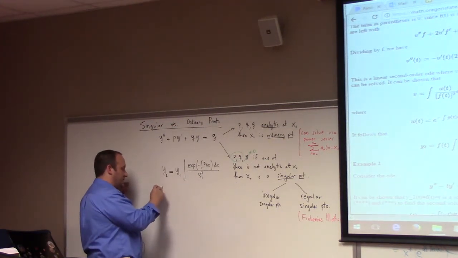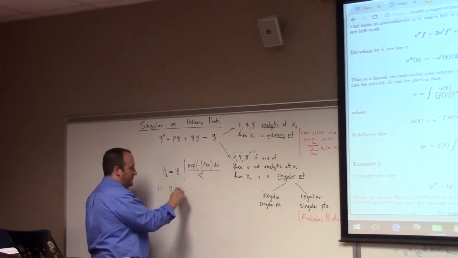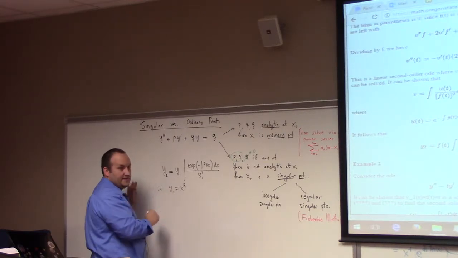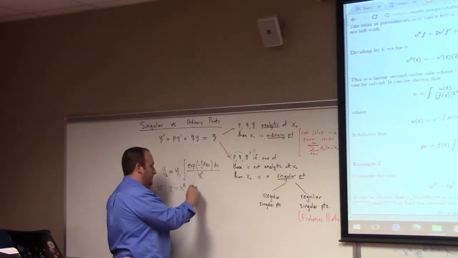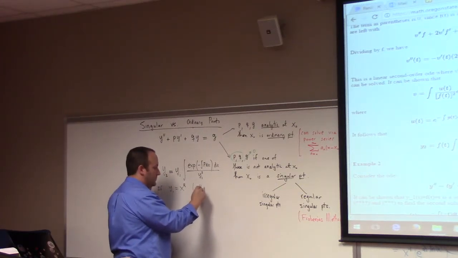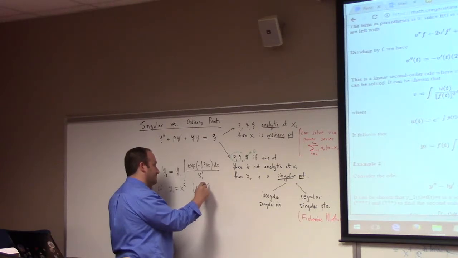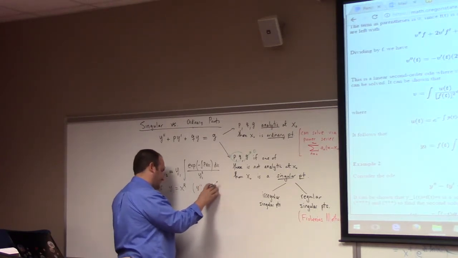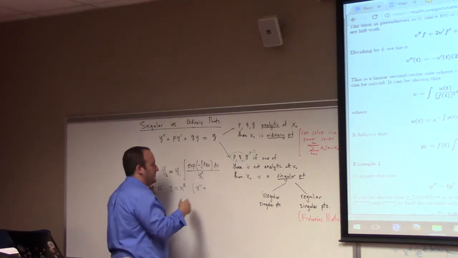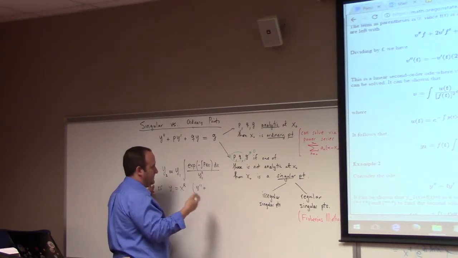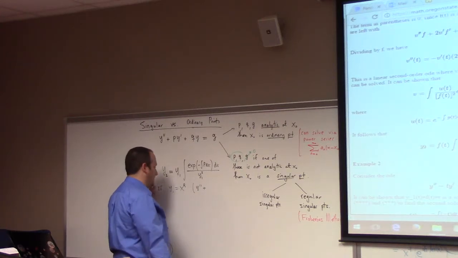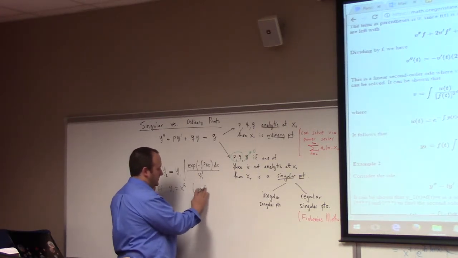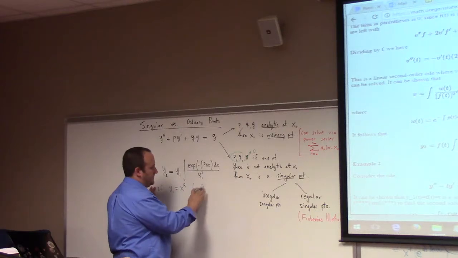So if y1 equals x to the power r, right? And so suppose we're looking at y prime prime plus what is it? So I'm forgetting what the p was.